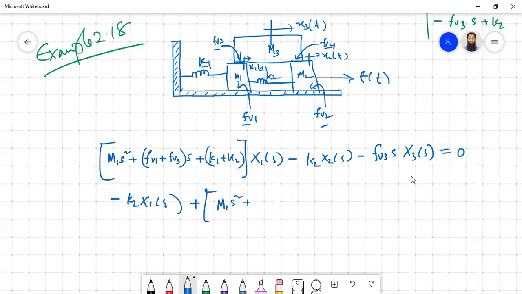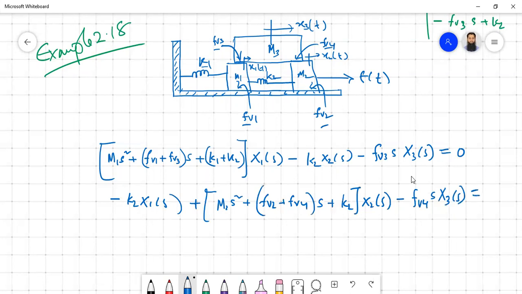So FV2 plus FV4 S plus then spring, only one spring, K2, X2 S. And what is the common in between M2 and M3? The common thing is FV4. So minus FV4 S X3 S. The force is applied on M2, so Fs will be also there.